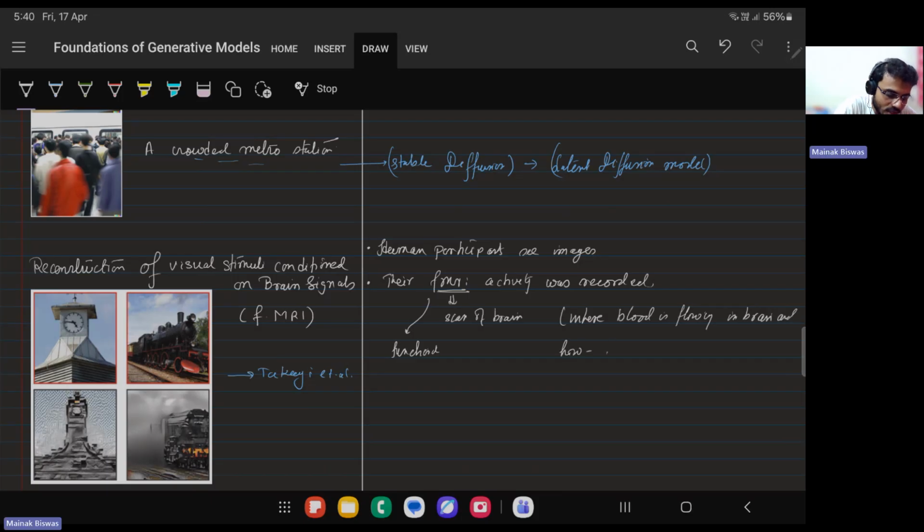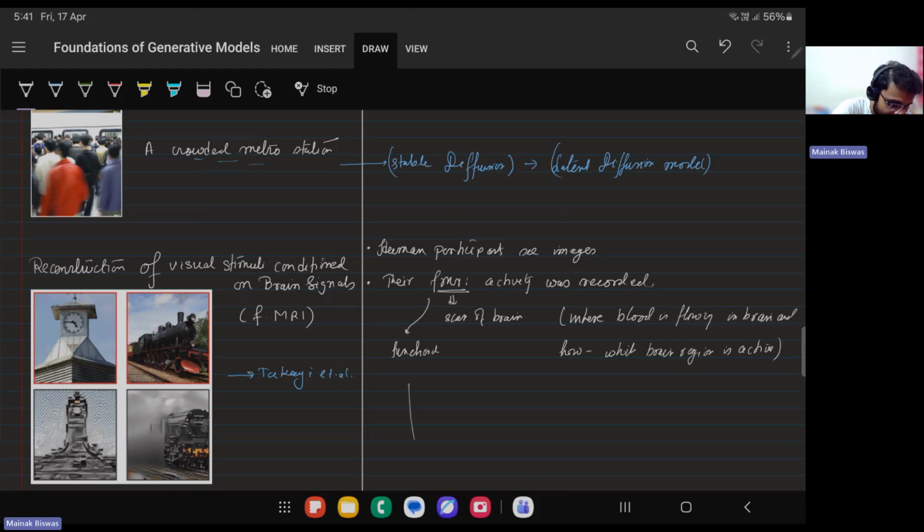So it tells you which brain region is active. This gives a proxy to the activity of the brain, telling you where the blood is flowing and how the brain region is active. And these patterns would give you which of the images activate which regions and what these fMRI signals are.